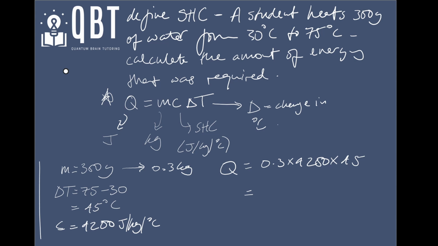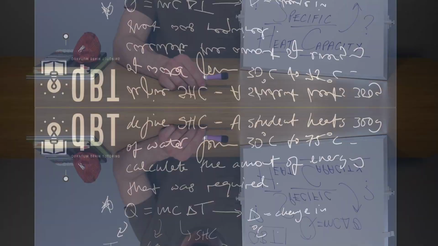Plug that into the calculator and we get 56,700 joules. I would personally be putting that in kilojoules, so divide by 1,000 to get to kilojoules. And that is how we can use our knowledge of specific heat capacity to calculate the energy that is needed to change the temperature of a substance.